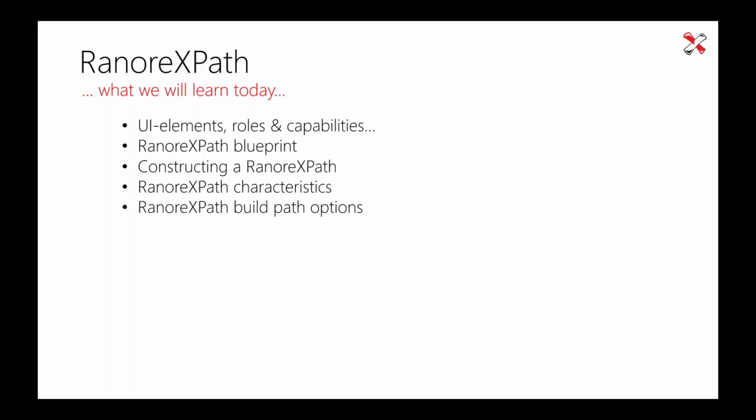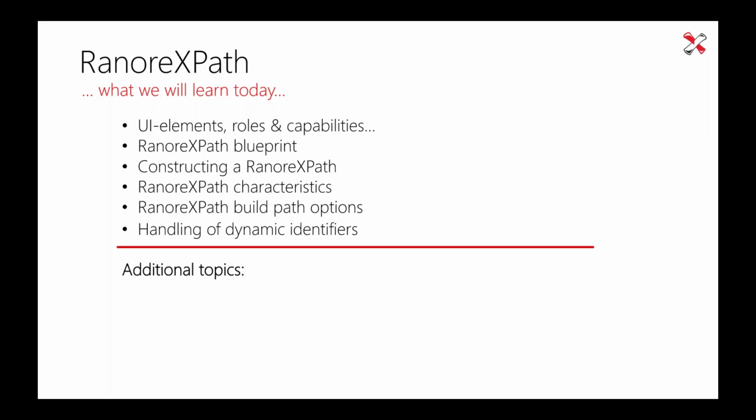and we will dive a little deeper into its characteristics. Afterwards, I will show you a very nice feature within Ranorex Studio, which is tremendously underestimated. It's the so-called build path options, where you can control the depth of a Ranorex path in practice. And finally, we will have a look at handling of dynamic identifiers once you are confronted with those.